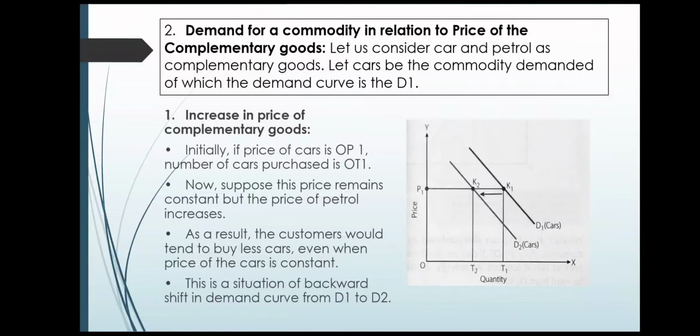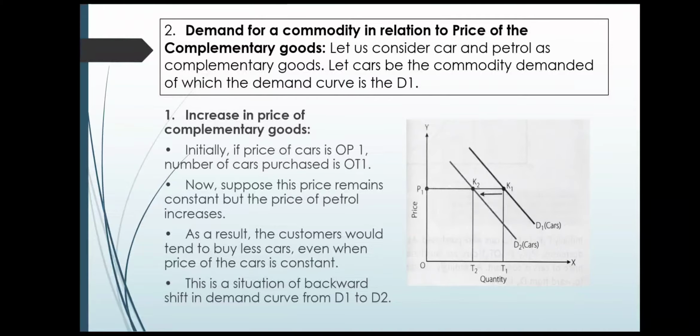Now suppose this price remains constant but the price of petrol increases. As a result, the customer would tend to buy fewer cars even when the price of the car is constant. This is a situation of backward shift in demand curve from D1 to D2.